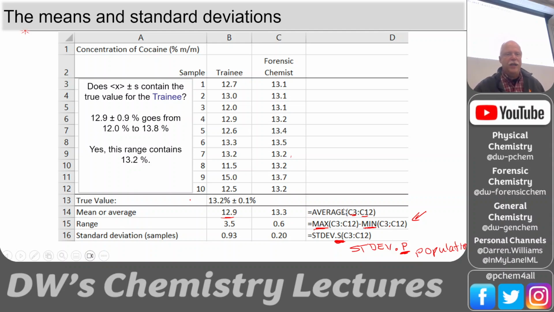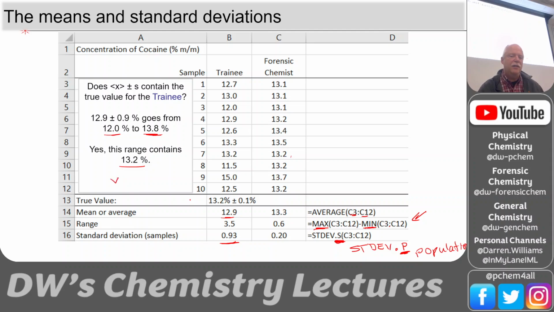So the question is, are they accurate? Well, does the average plus or minus the standard deviation contain the true value for the trainee? Here we have our standard deviation of 0.93. So 12.9 plus or minus 0.9 goes from 12 to 13.8%. And yes, this range contains 13.2.